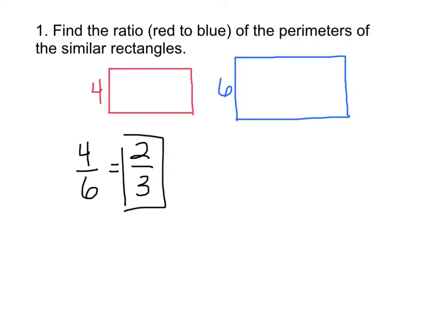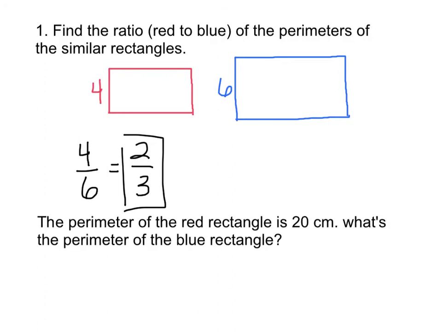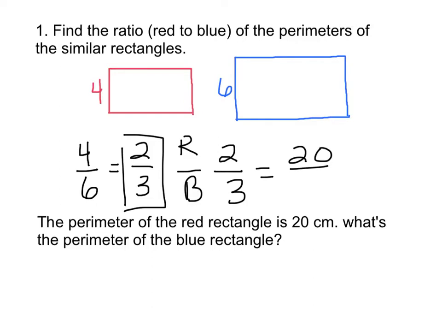So now I'm going to go one step further. Let's say that we know this. The second part will say the perimeter of the red rectangle is 20. What's the perimeter of the blue rectangle? So all we do now is take this one step further. We know that the perimeter of the red, remember the red is the top, the blue is the bottom, so 2/3 equals 20 over x.